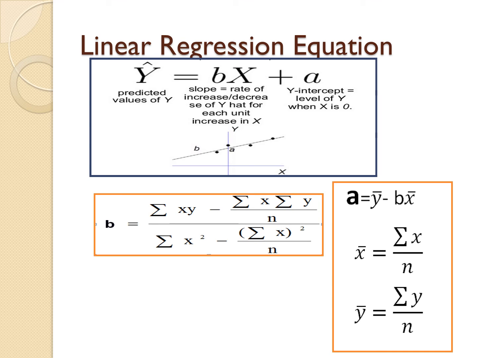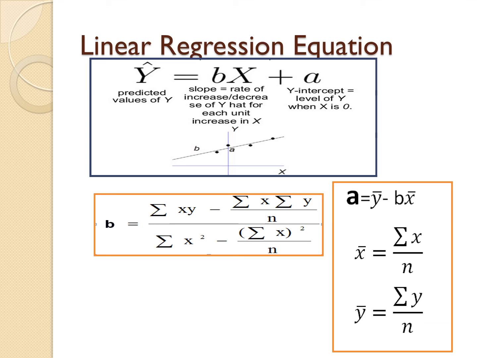Slope is the rate of increase or decrease of the dependent variable for each unit increase in the independent variable. For example, a slope of 2 means that every 1 unit change in x yields a 2 unit change in y.